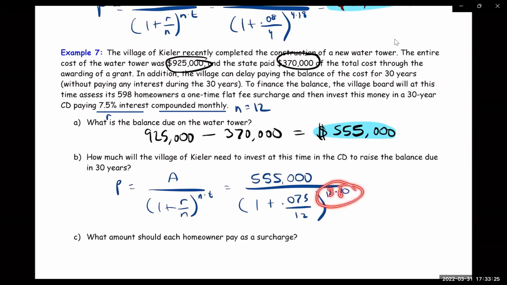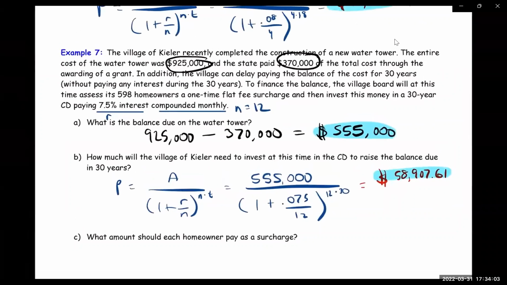So you can write 360 here if you want, or you can just put parentheses around these numbers. So let's type that in. All right, I am getting a grand total of $58,907.61 if you round.